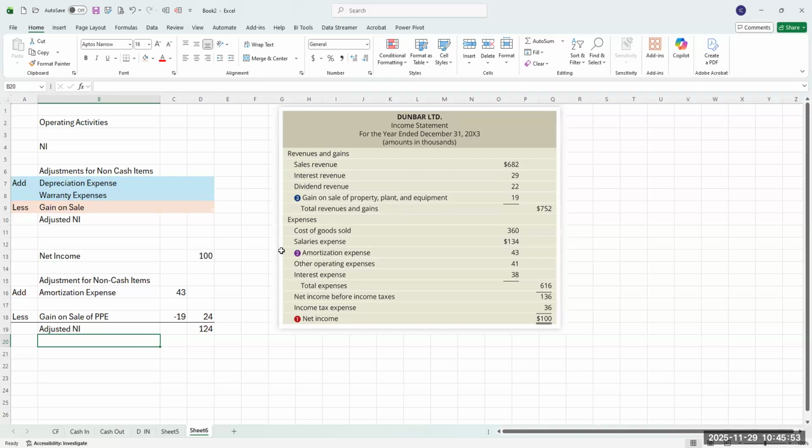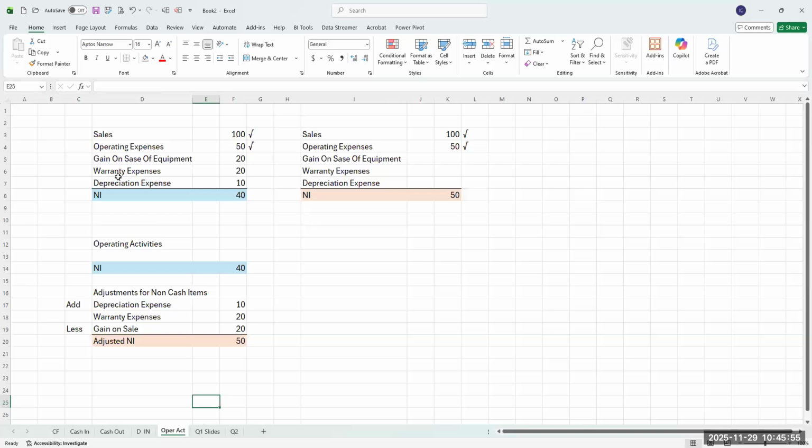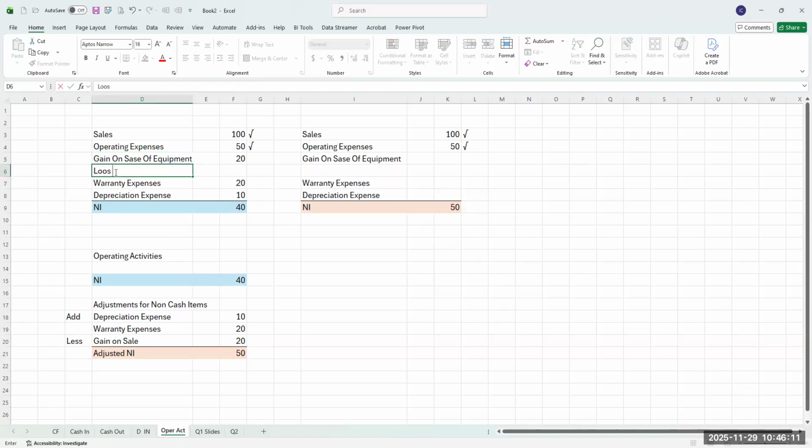So one thing, you remember this explanation here and the items that we're including and excluding. The one more thing that I want to add here is, here we have gain on sale. What if we have loss on sale of property, plant, and equipment, and that loss is $10? How is this going to affect our income?